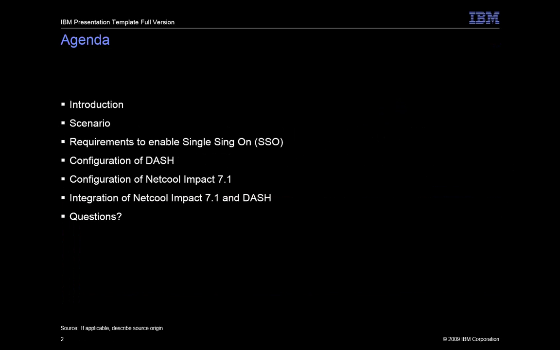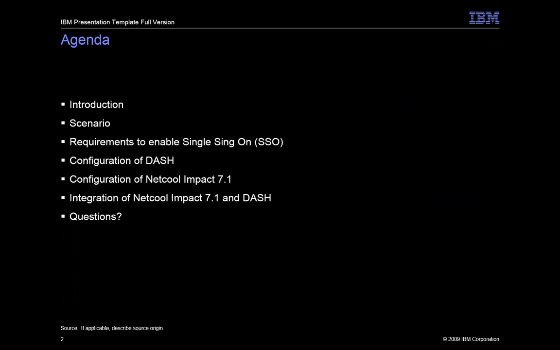So with the introduction, I've been working with Netcool Impact for about the past 8 years, since version 3.1. I've been level 2 support. Do I know every single thing about Impact? No, but I feel confident that I know 99% of it.